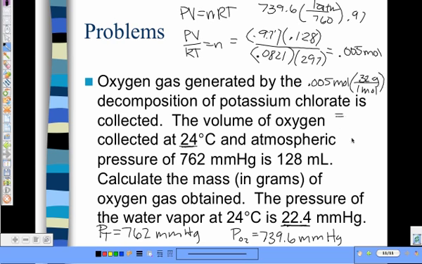So our final answer would be 0.16 grams. I guess we should put O2. O2. Very good.